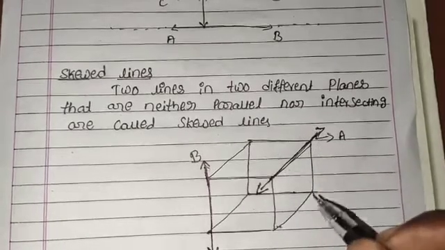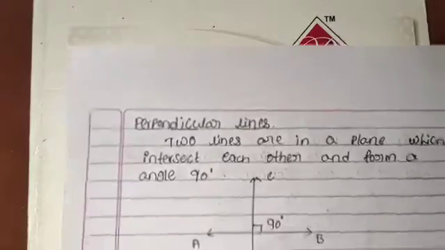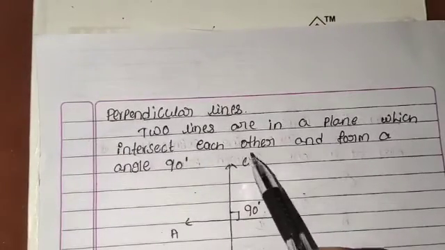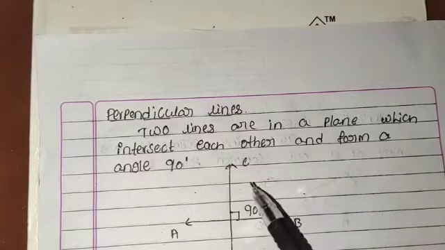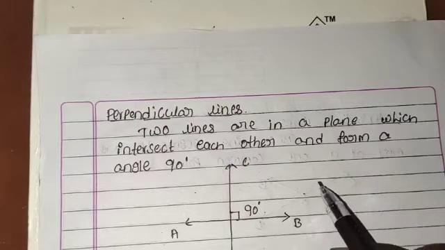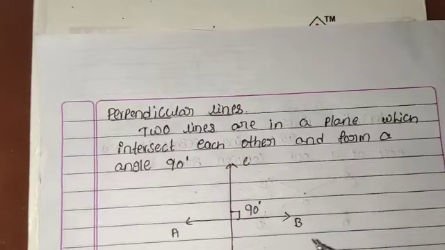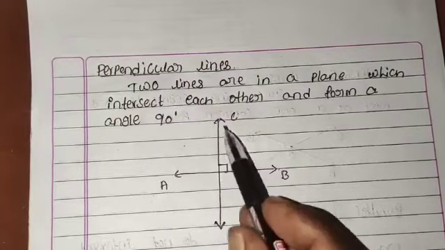Finally, we move on to perpendicular lines. If two lines are in the same plane, intersect each other, and form an angle of 90 degrees, we call them perpendicular lines. Here, observe line AB and line CD.